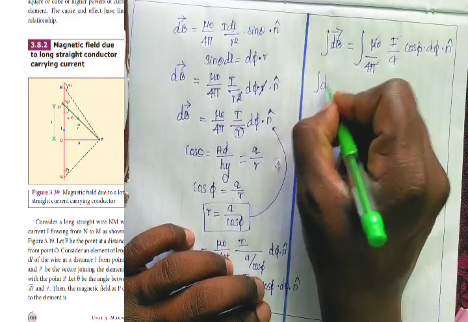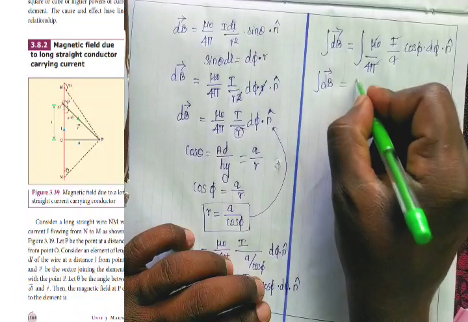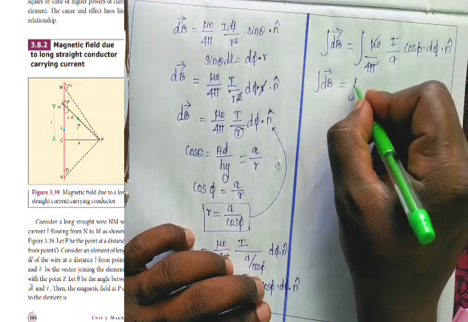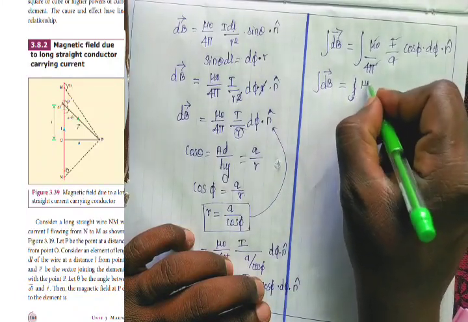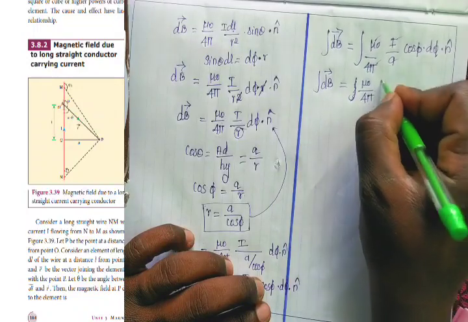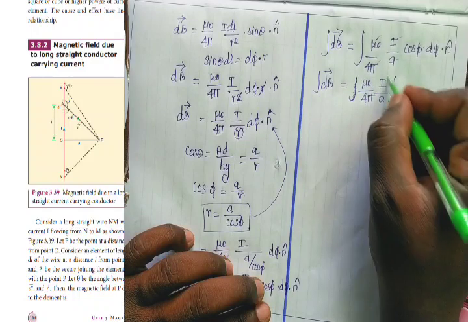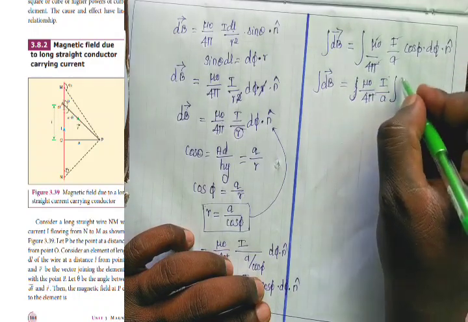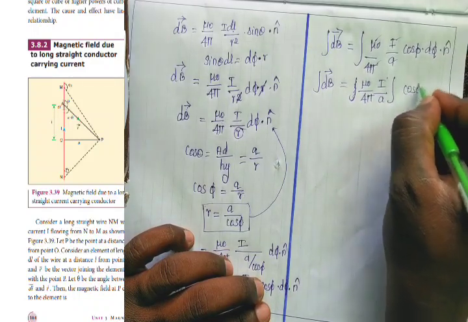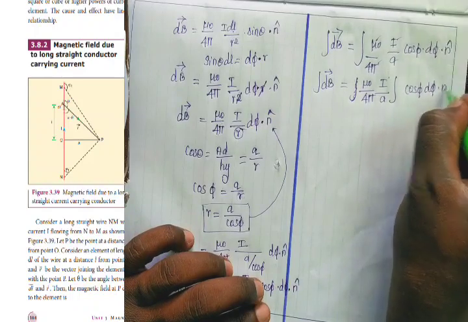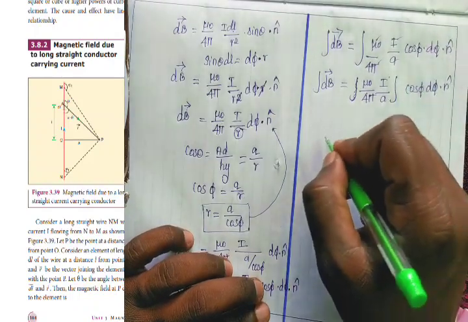So integration of dB vector is equal to integration of μ0 divided by 4π, I divided by a, next one is the integration, because μ0 divided by 4π, I divided by a is a constant value, so integration of cos φ dφ dot n cap. The next one is upper limit and lower limit.